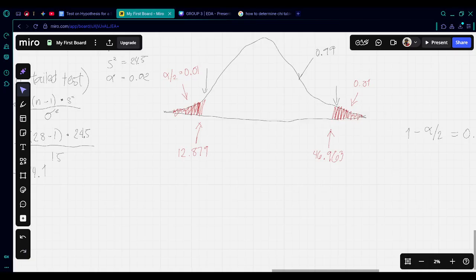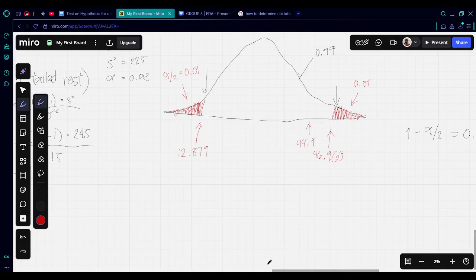we will locate the 44.1. So 44.1 is somewhere between the 12.879 and the 46.963. So let's just say we have here our 44.1.